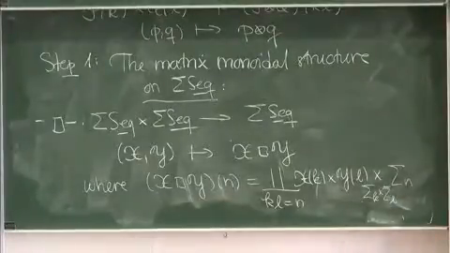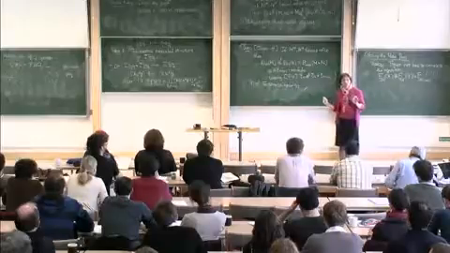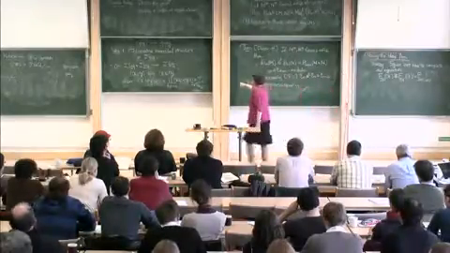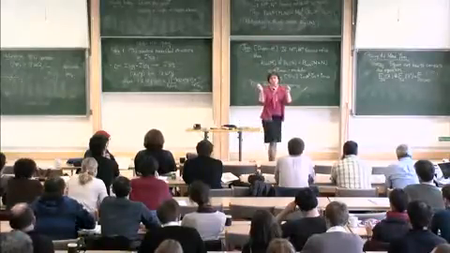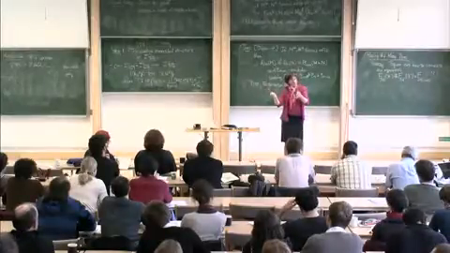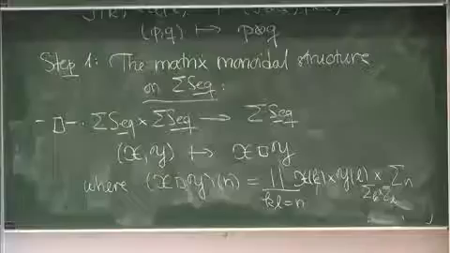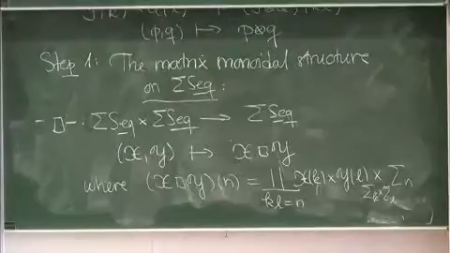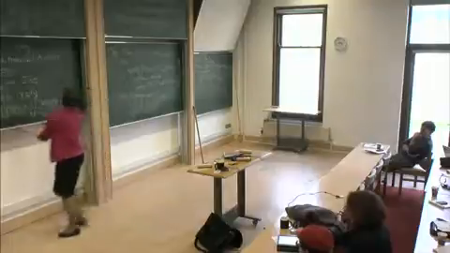The trick here is how we look at sigma_k cross sigma_l as a subgroup of sigma_n. We think about sigma_n not as permutations of numbers from 1 to n, but as permutations of pairs (i, j), for i between 1 and k, and j between 1 and l. And so sigma_k here is acting by permuting lines, and sigma_l is acting by permuting columns, which is another reason why we call this the matrix monoidal structure. So we have this permuting lines and permuting columns going on.